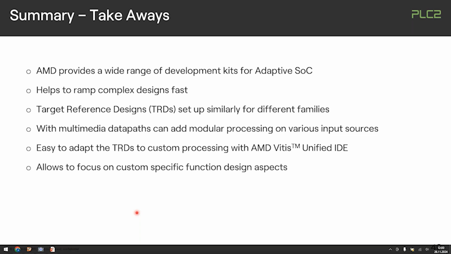Typically, it's multimedia paths these days, of course, but it will allow you to easily operate a full stack of applications on these TRDs instead of building everything up from the bottom yourself. And it will typically help a lot with getting going with your own contribution instead of just bothering about the frameworks. So that's where I wanted to end today.